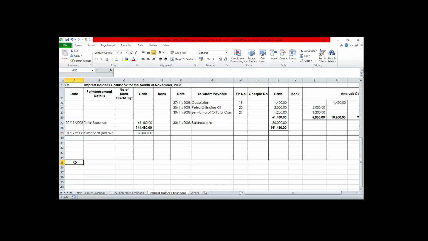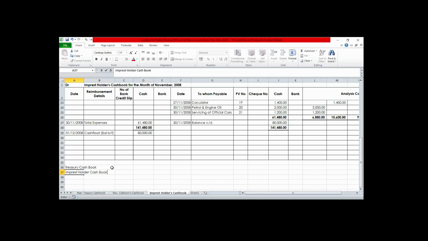They are now asking which account is meant to be debited and which account is meant to be credited. Looking at it from here, the treasury cash book and the interest holder cash book.